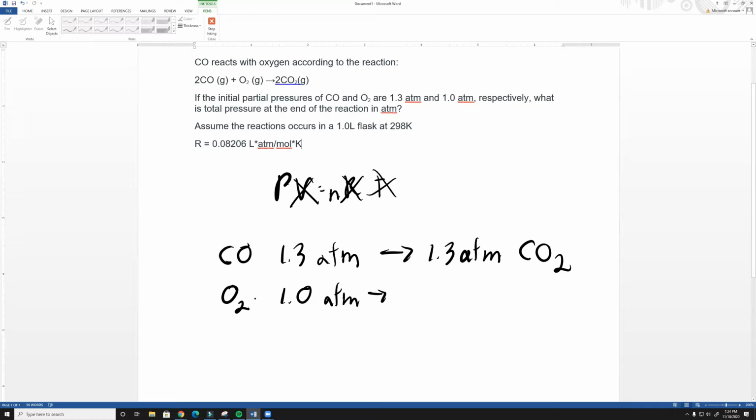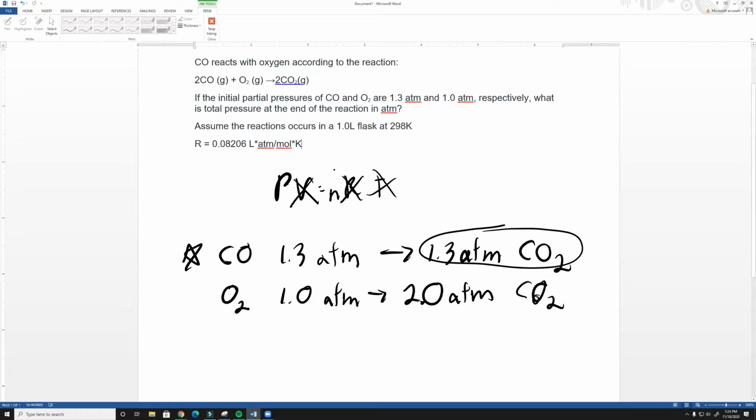This means for our O2 of 1 ATM, the product is going to be 2.0 ATM of CO2. Now we can see which one's limiting. The limiting reactant is the one that creates the least amount of CO2. Since amount is directly proportional to pressure in this case, and everything else is constant, we can say that CO is our limiting reactant. It creates the least amount of product.